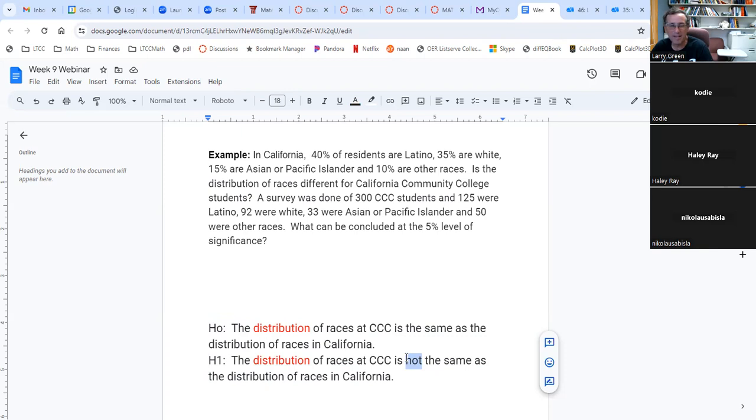Okay, don't accept H0. Some of that accepting H0 was interpreting the type 2 error. You don't accept H0, you fail to reject H0, which is not the same thing as accepting. Any questions at all on H0 and H1 and how I came up with the verbiage of these?